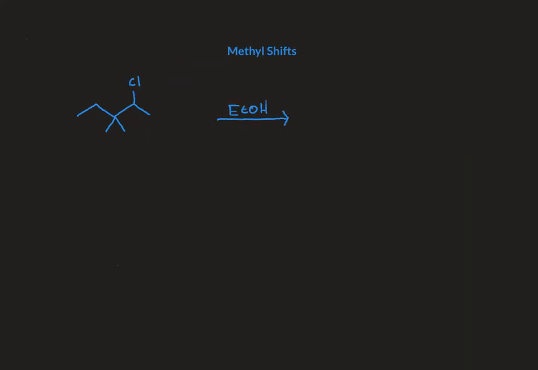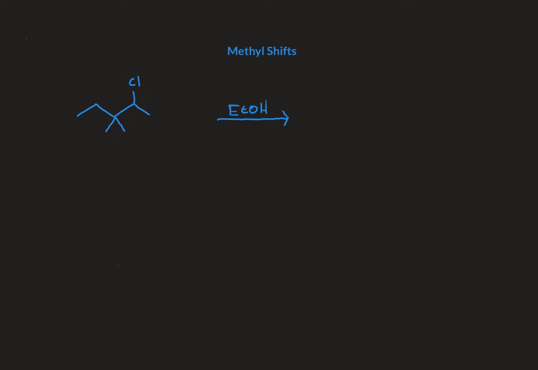The second type of rearrangement that can occur is a methyl shift. And to look at that, let's examine this reaction of 2-chloro-3,3-dimethylpentane with ethanol. So again, let's look at why we know this is an SN1 reaction and not SN2. The first thing I notice, again, is we have a secondary alkyl halide in this 2-chloro substituent.